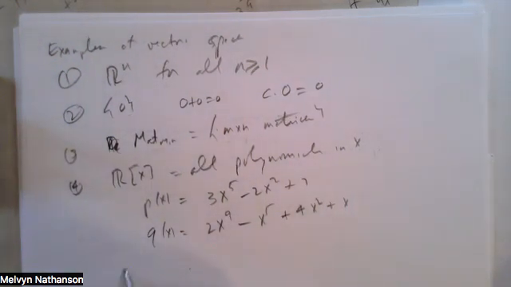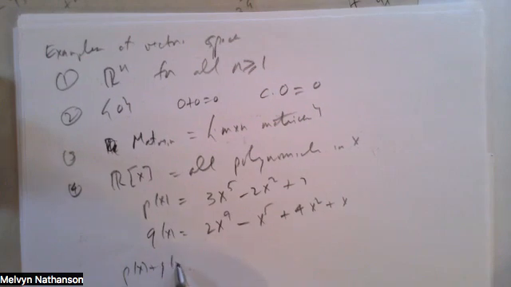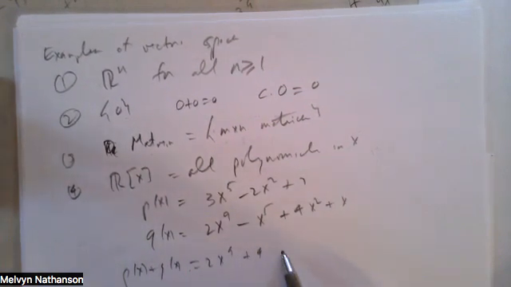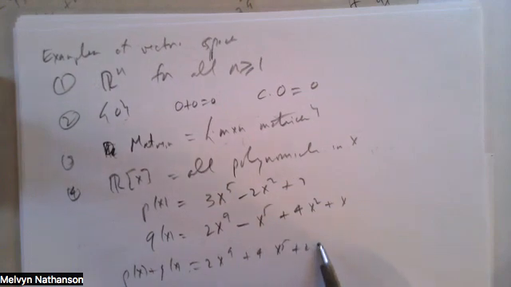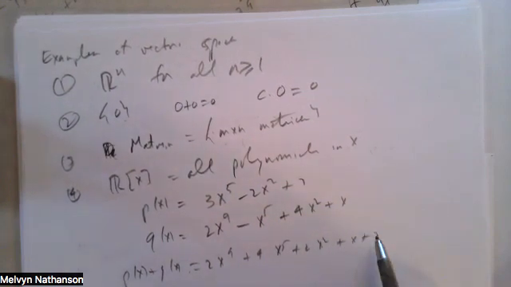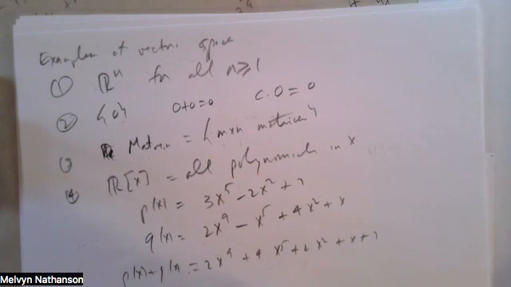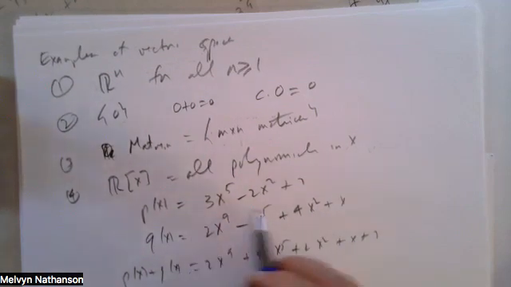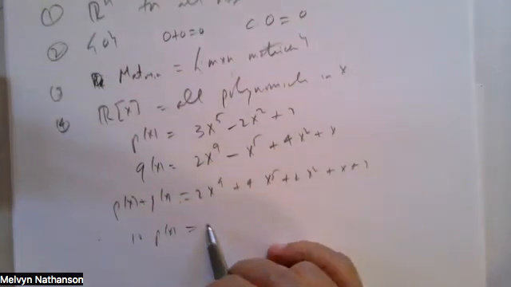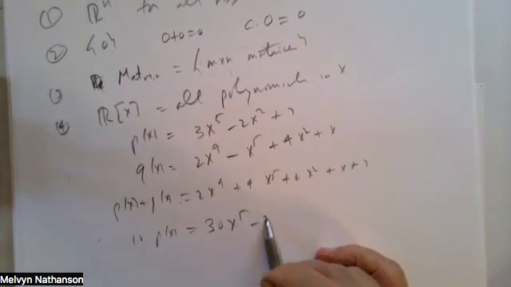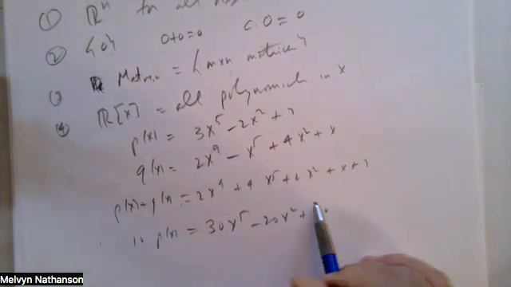And if you add them, you just add polynomials. This is 2x to the 9th plus 4x to the 5th plus 2x squared plus x plus 7. And if you take a polynomial and you multiply it by something like 10 times p of x, you just multiply every coefficient by 10. So the set of polynomials is also a vector space.